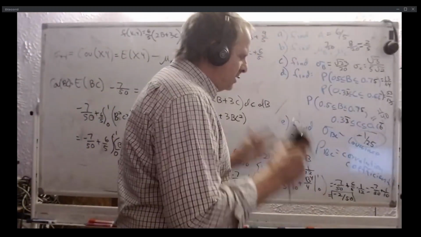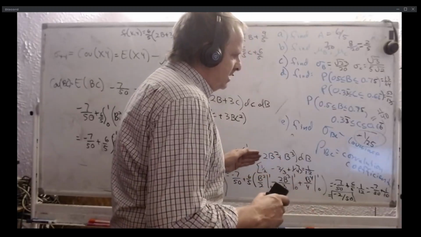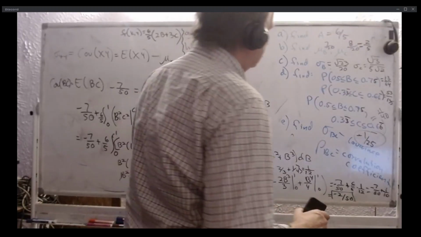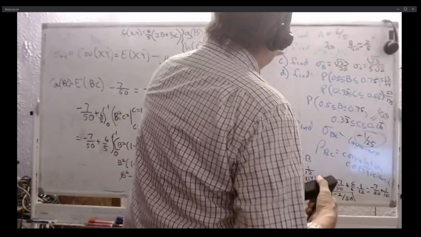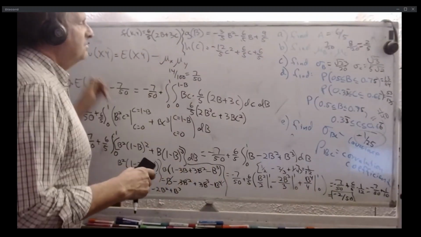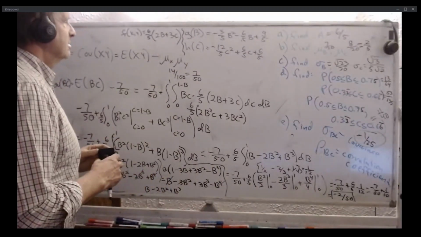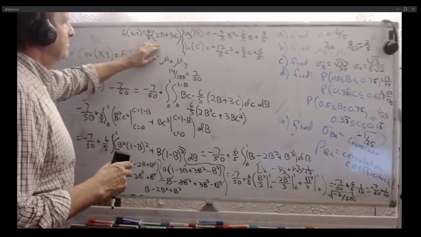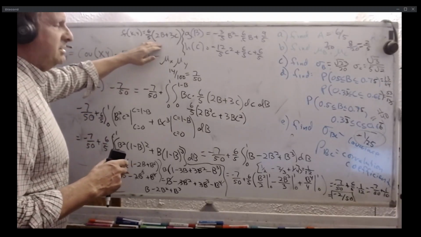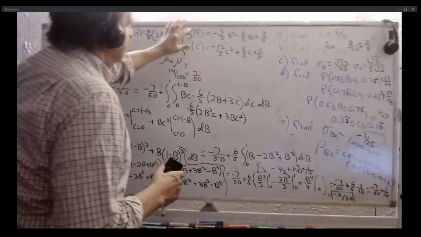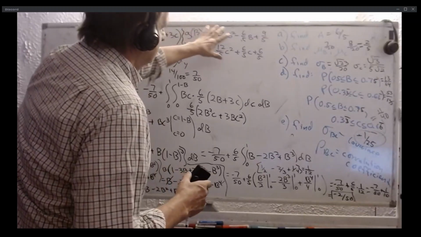But look at this, guys. What if B and C, instead of being fractions, were percentages? Well, clearly f of x would have to change, but it would really be just a factor of 100, right? These would change by literally a factor of 100.